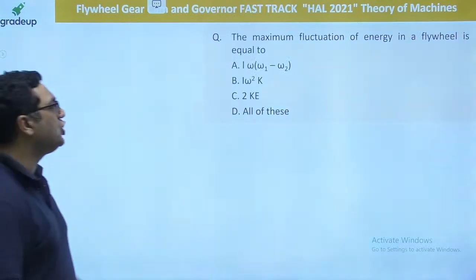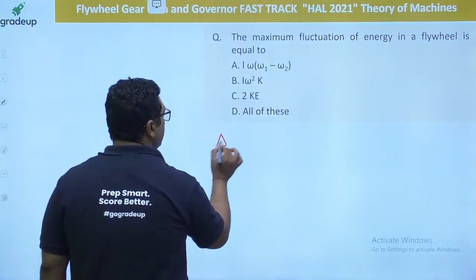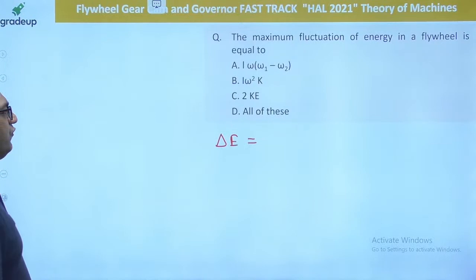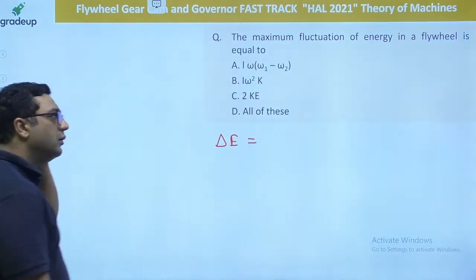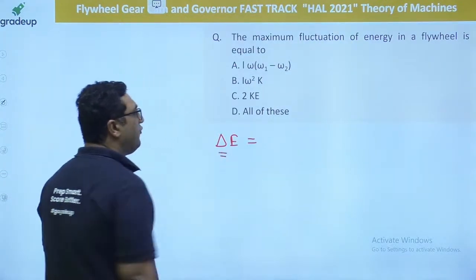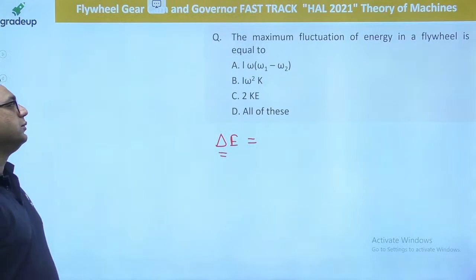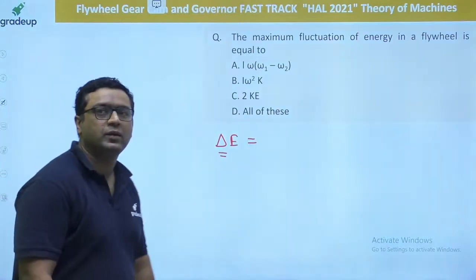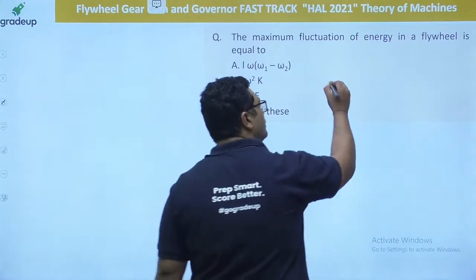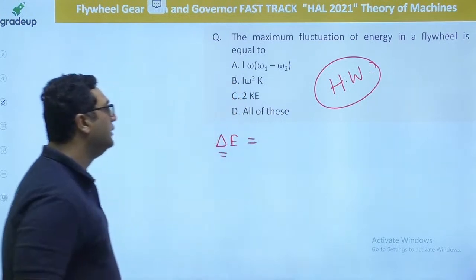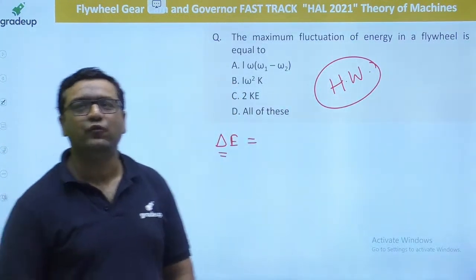The maximum fluctuation of energy in a flywheel, delta E, is... Which one of the following is correct? Guys, this question is a homework question for you. When I say homework, it is for sure that this question is not as simple as you feel.